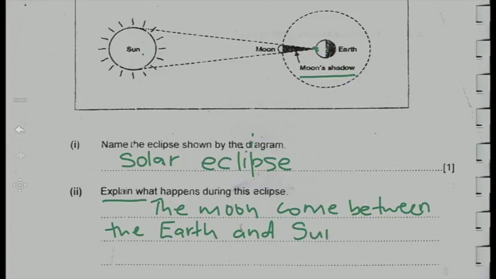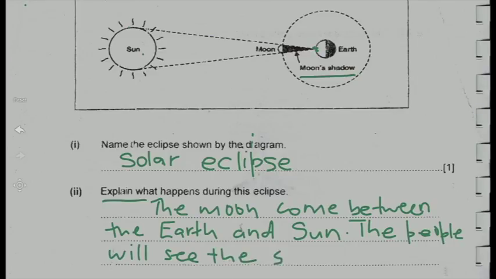The moon comes between the earth and the sun. Therefore, what happens? And then the people on earth will not see the what? The sun for some time.